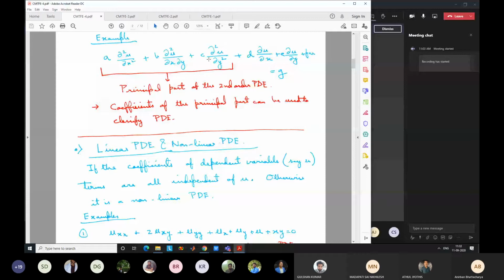Okay. This is a very important thing from the perspective of solving our governing equations. As we will see later, solving linear equations is much easier as compared to solving non-linear equations.